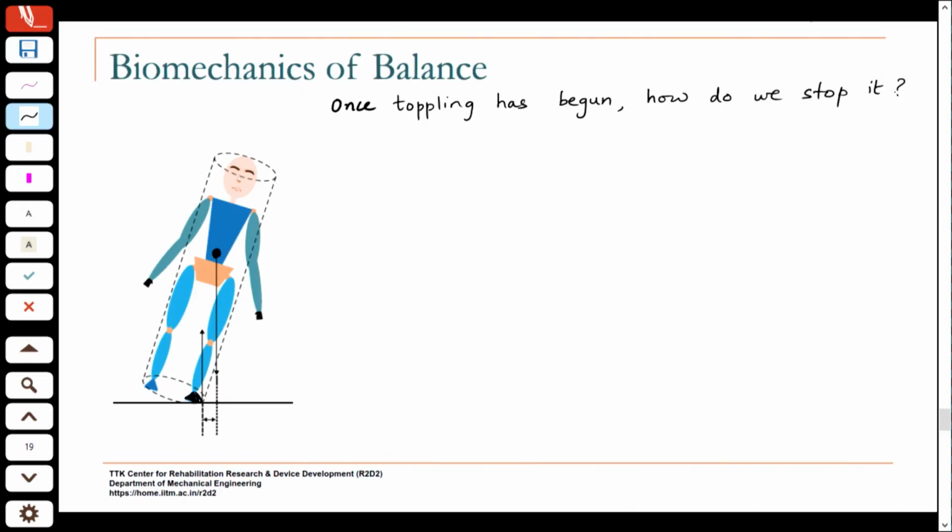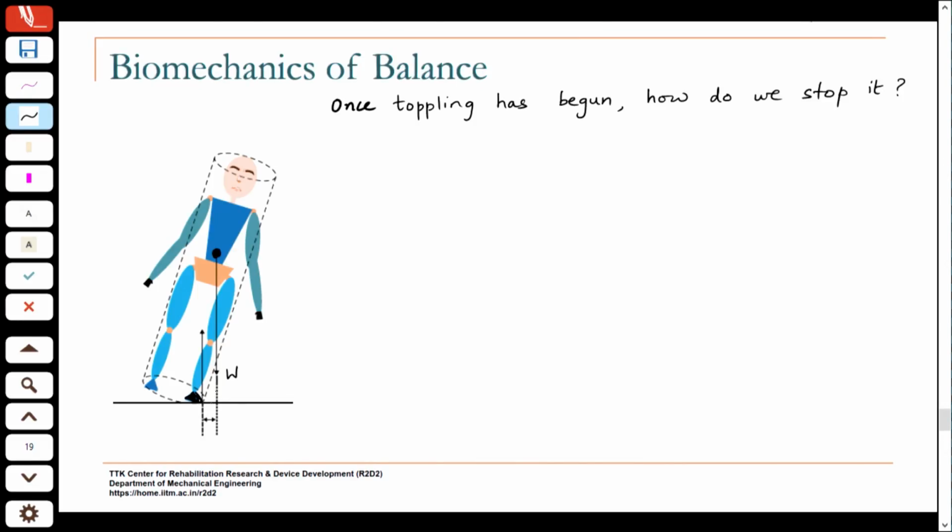So, here let us say you have, we will approximate the human, okay, and say the person is losing balance and falling because of this W falling outside the base of support.